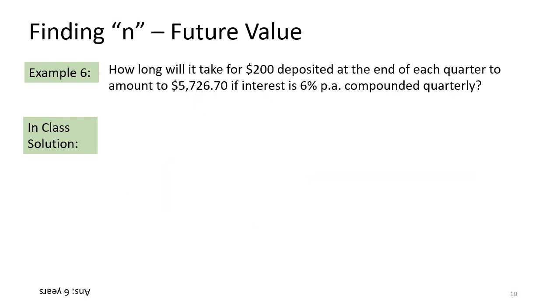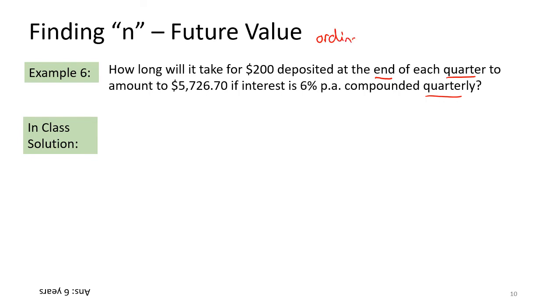Okay? So let's look at an example. How long will it take for $200 deposited at the end of each quarter to amount to $5,726.70 if interest is 6% per annum compounded quarterly? So a couple things we notice here, that the end of each quarter and interest is also quarterly.